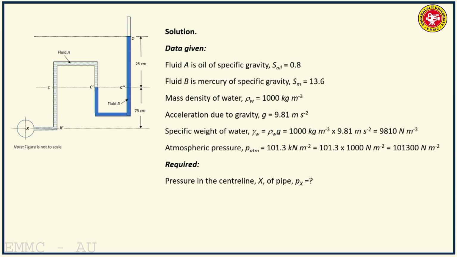Specific gravity of mercury is 13.6. Mass density of water 1000 kilogram per meter cube. Acceleration due to gravity 9.81 meter per second square. So specific weight of water will be mass density of water multiplied by g, that is 9810 Newton per meter cube. Atmospheric pressure is given 101.3 kilonewton per meter square. So you get Newton per meter square. So you are asked to find out the pressure in the center line of the pipe, Px.